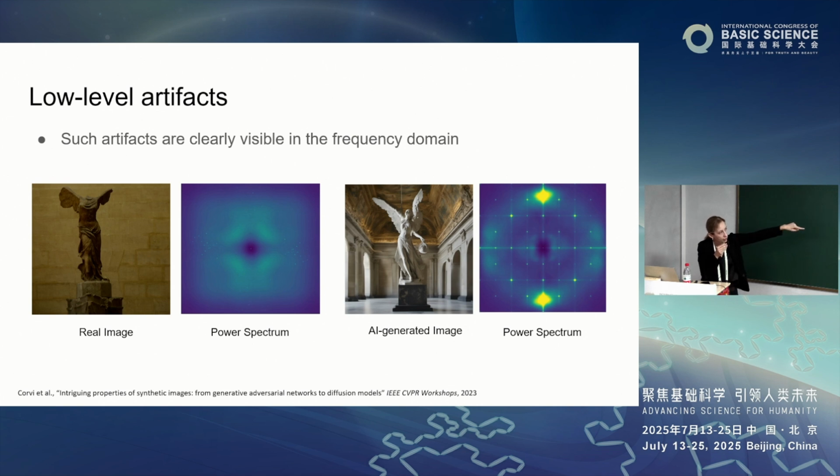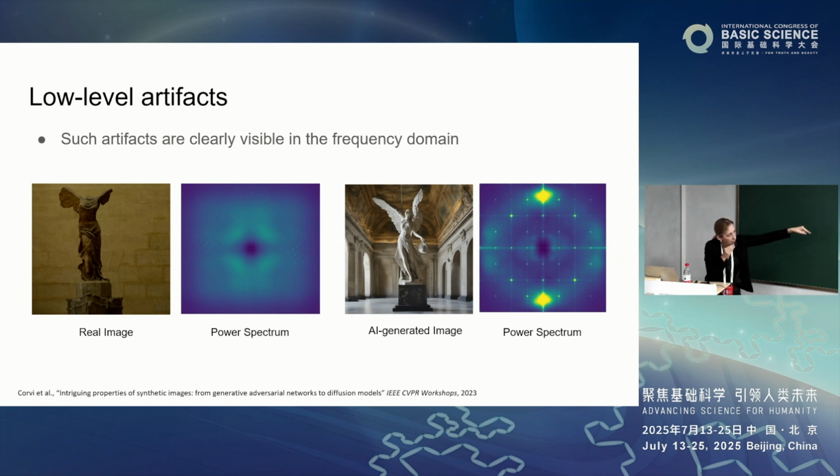For the AI-generated image, the power spectrum shows some specific peaks. And these peaks are actually hints that there was an interpolation process inside the generation model. And we can see them.